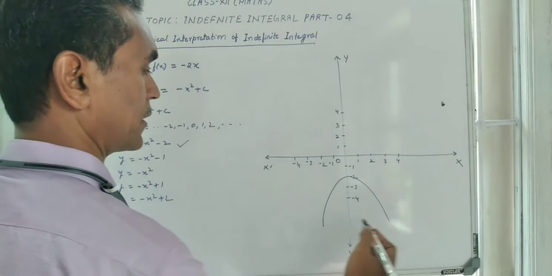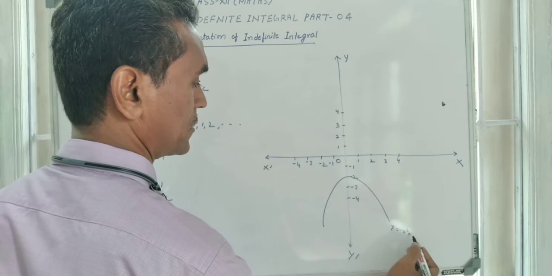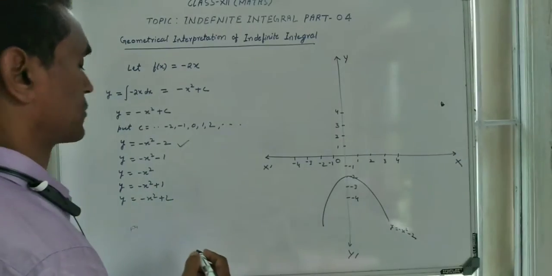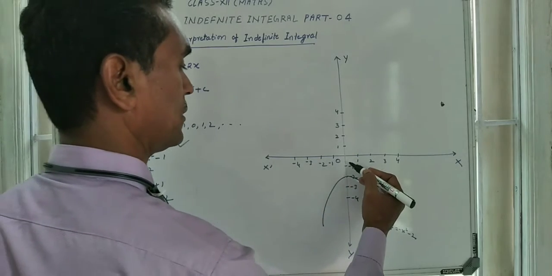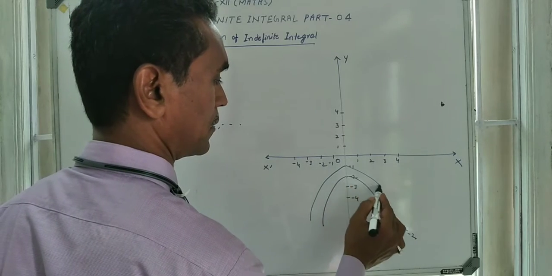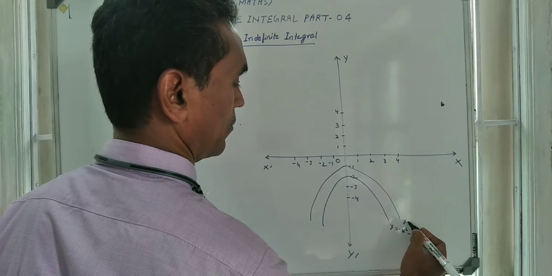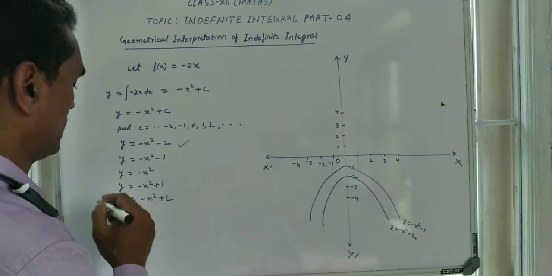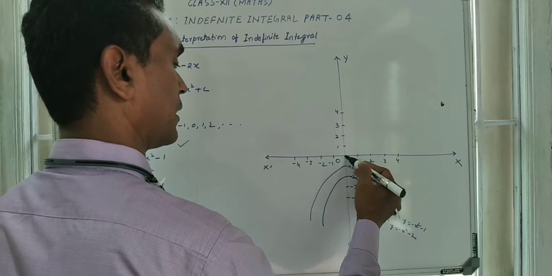So this type of graph will come for the function y equals minus x square minus 2. Similarly, for the other function, y equals minus x square minus 1, the maximum value will be minus 1, and it will pass from this point like this. The next one, y equals minus x square, will pass through the origin. Its maximum value will be 0.